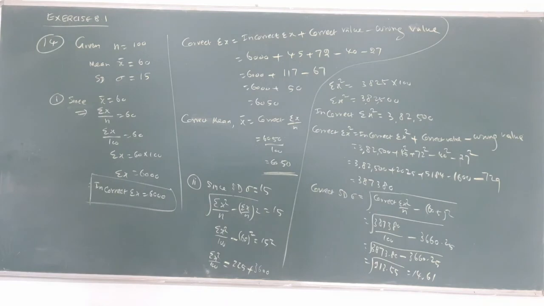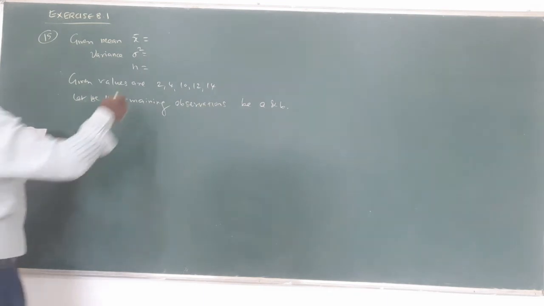Then the same thing. Some points of these are coming. This is the final question. Only one question is the last question. Listen here. The last question is exercise 8.1. The mean and the variance are given. The mean x bar is 8.